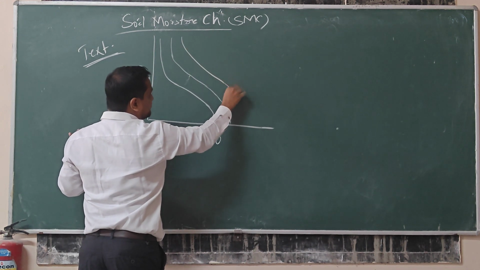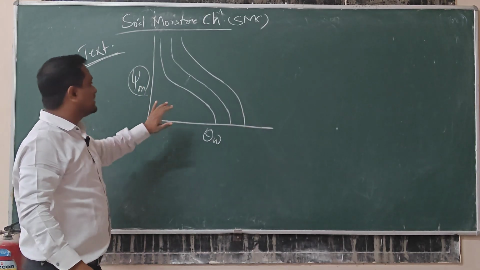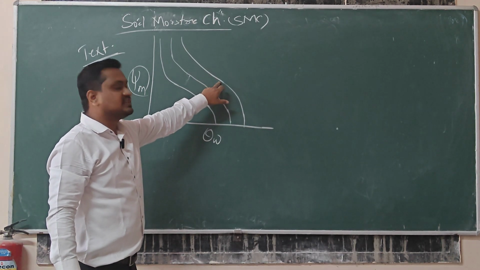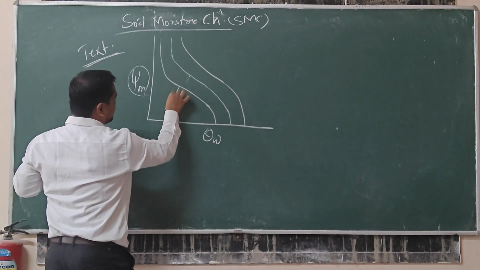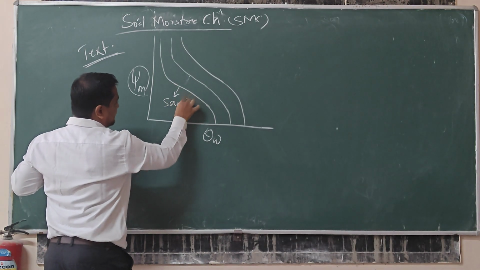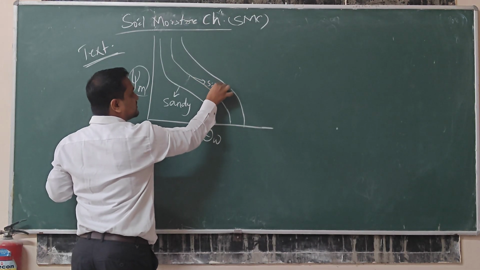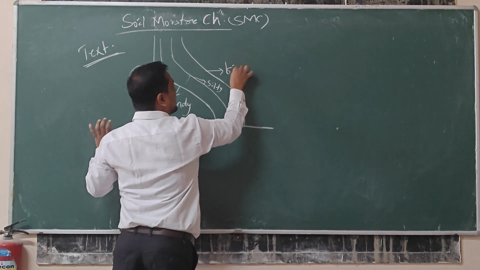The three types of textures we have discussed: one is coarse texture, one is medium texture, another one is fine texture. I can say this is sandy texture, this is silty or medium texture, this is your fine texture.